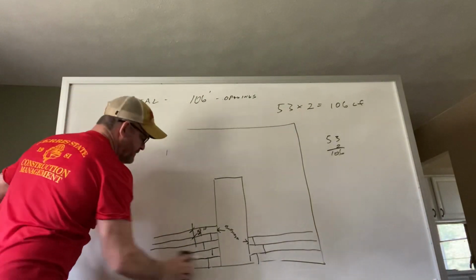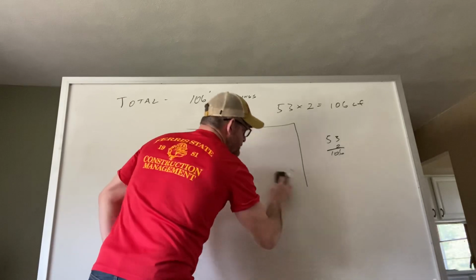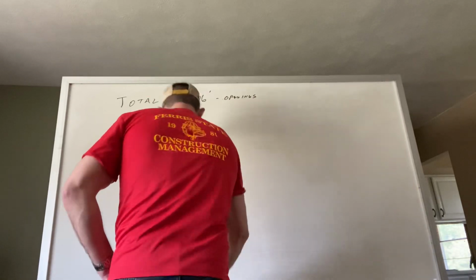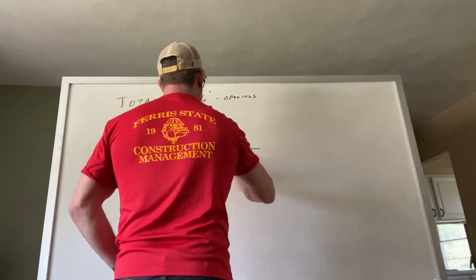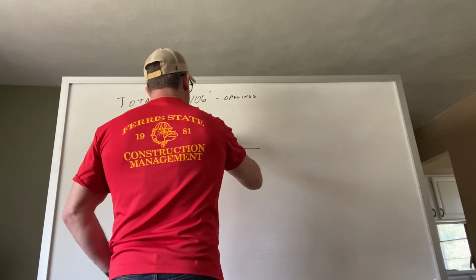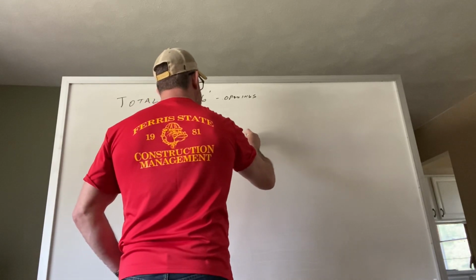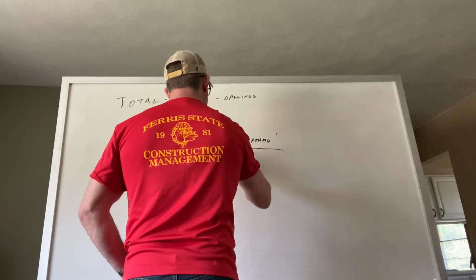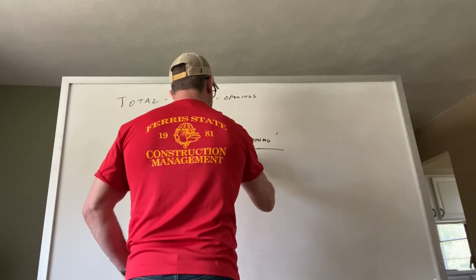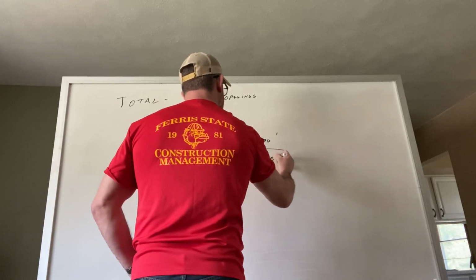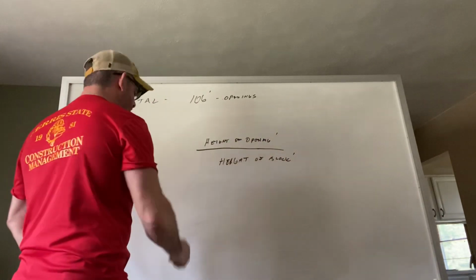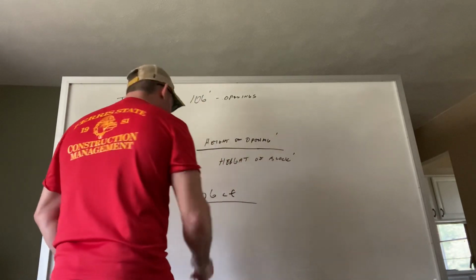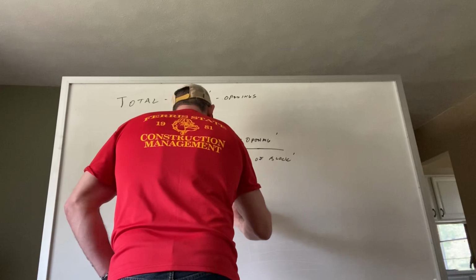Okay, so we look at that. All right. So my formula is height of all openings in feet divided by height of block in feet. So now that means that I have 106 lineal feet total divided by 8 inches per block.